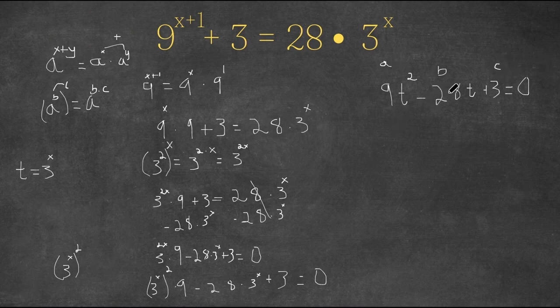Negative b, negative 28 times negative 1, is simply 28, plus or minus the square root of 28 squared, minus 4 times a, which is 9, times c, which is 3, divided by 2 times 9, which is 18.